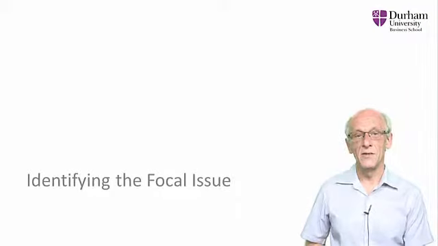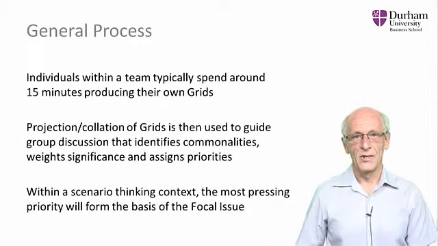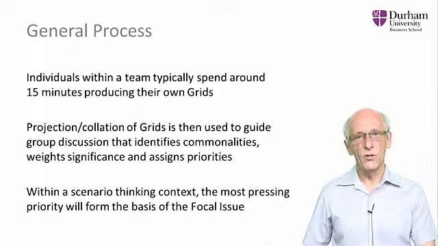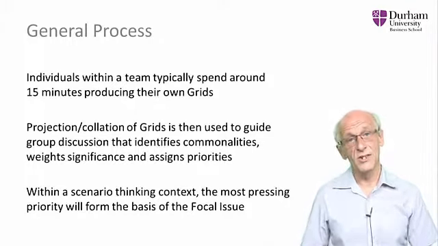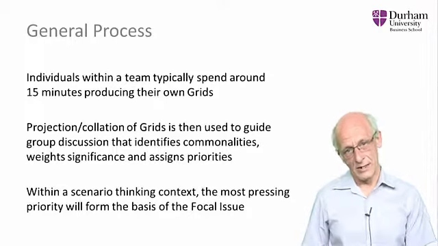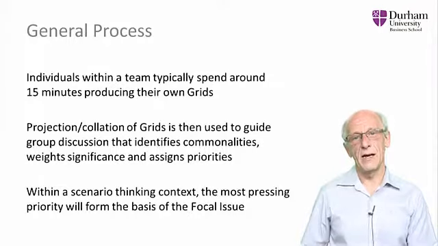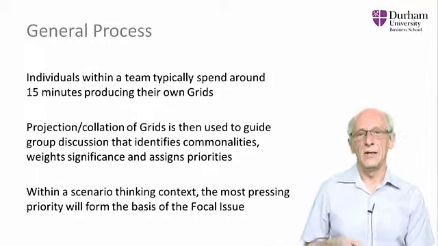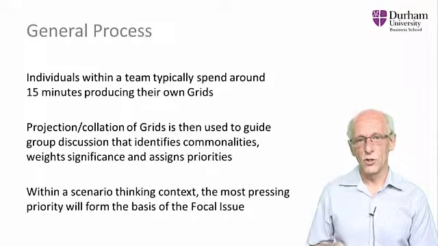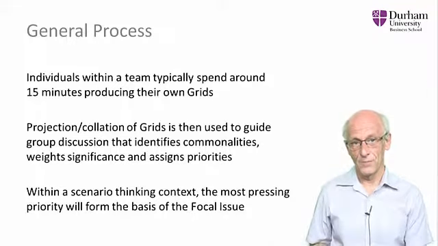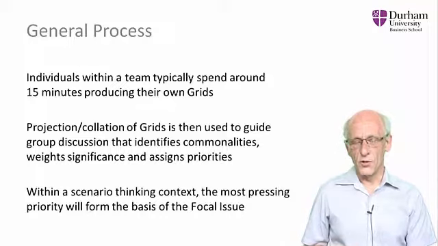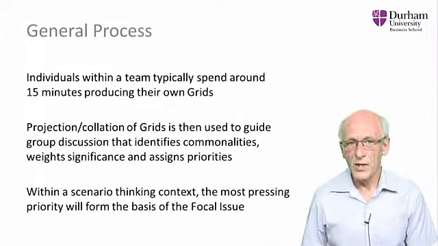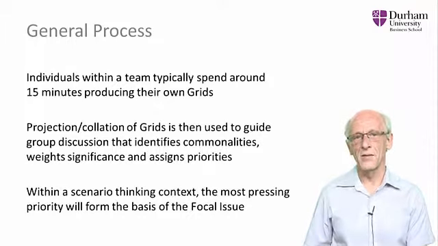Ultimately, this is about identifying the focal issue then. So the general process that I would use for a goals grid workshop would be to issue the 4 cell matrices to individual participants within a team. I would then ask them to spend 15 minutes or so, top of the head stuff, listing as many elements under each of the 4 cells. What we would then do is typically project those grids onto a wall using an OHP or a visualizer, something like that.